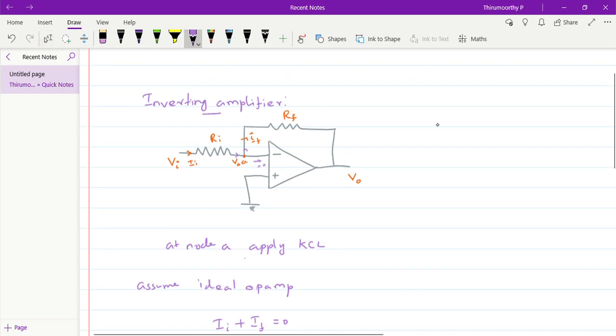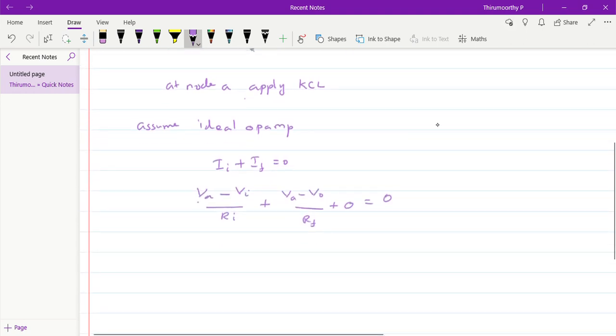Now the voltage at node A is equal to 0. The node A is at virtual ground.